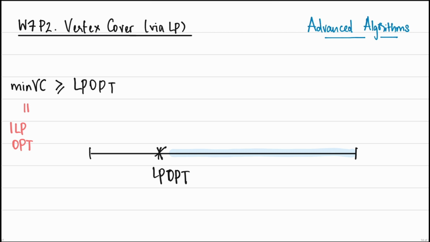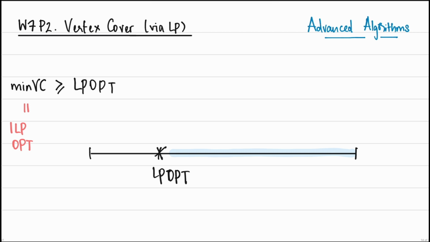If anything, by going to a larger space for the variables to take values in, your opt may drop. It will, of course, certainly not increase, right? So therefore the LP opt is either the same as or smaller than the ILP opt, but that's exactly the value of the minimum vertex cover. So that gives us the lower bound that will be useful to anchor our argument going forward.